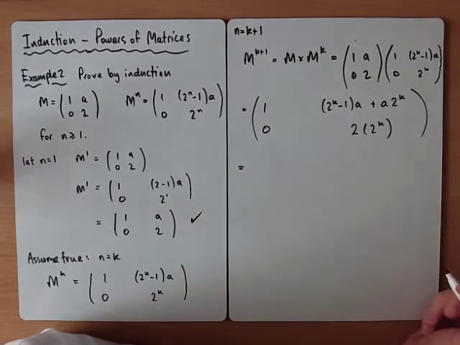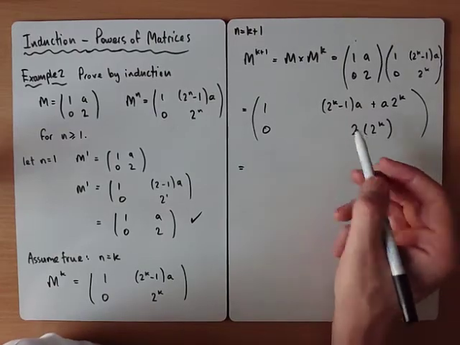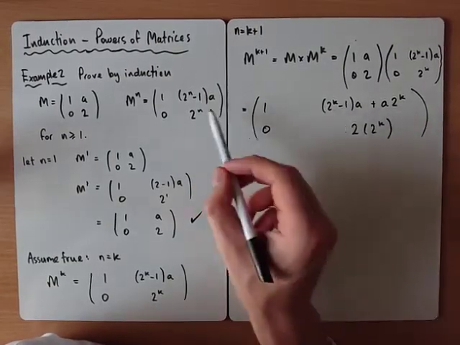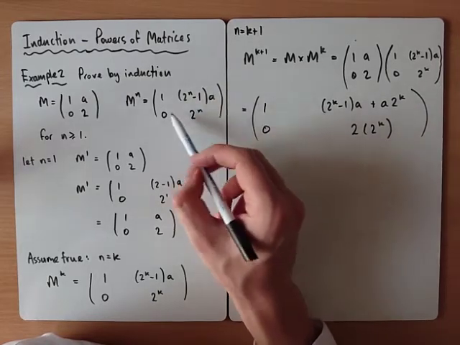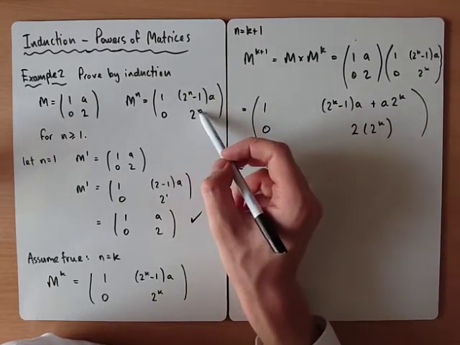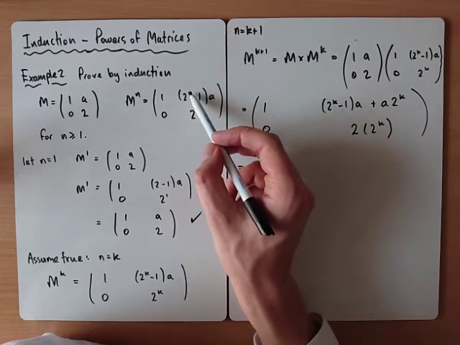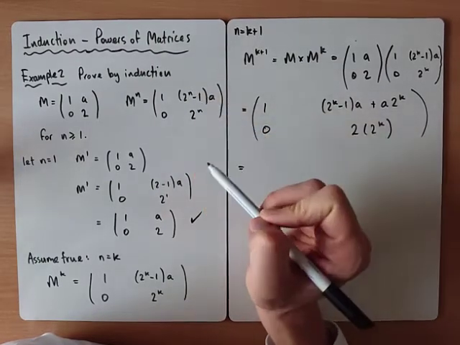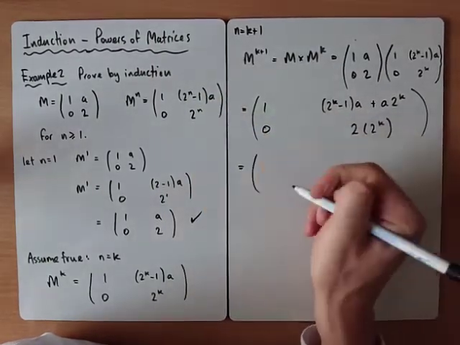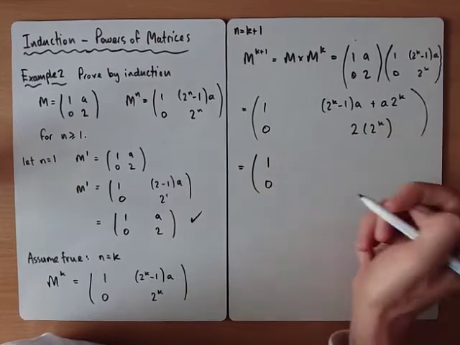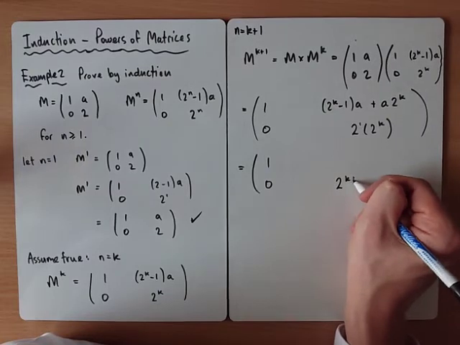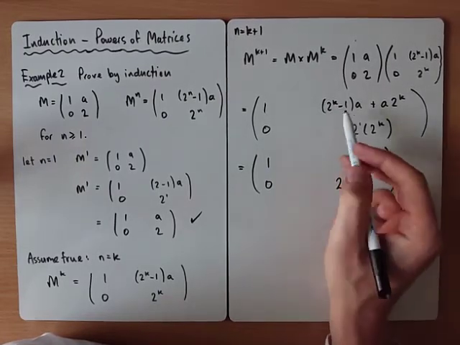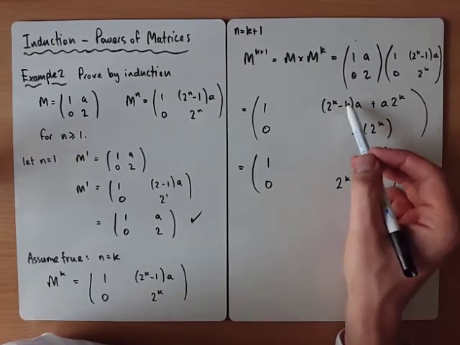Okay, you notice I didn't write the result down, but that's because it was probably easy to spot that if it's going to work for k plus 1, that would just be 2 to the k plus 1. So we can get to this. I've got my 1, got my 0, 2 to the 1 times 2 to the k is 2 to the k plus 1.